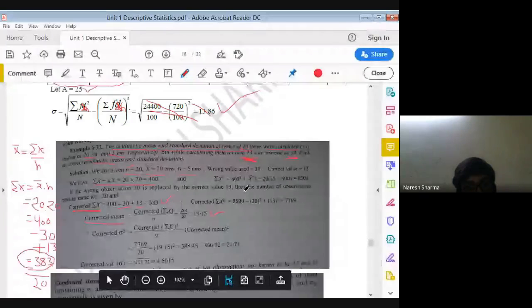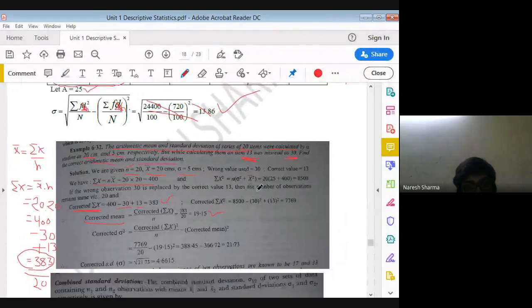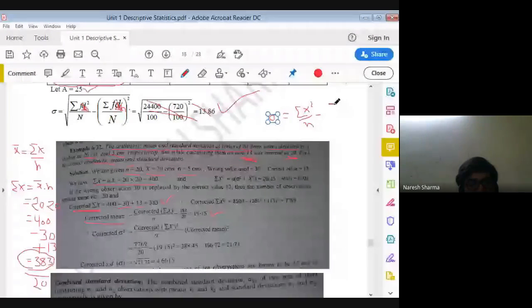So from that formula, this summation x square by n minus summation x by n. Summation x by n, you may write here mean, no problem.